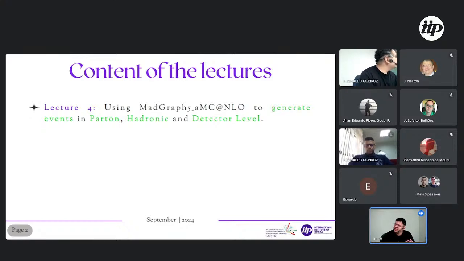So this is events at a hadronic level, and then we need to put in detector effects using another package that we can install using MadGraph, that is Delphes. So this is a full simulation to generate and understand the distributions that we are going to study.